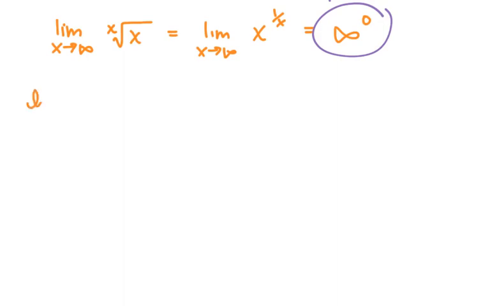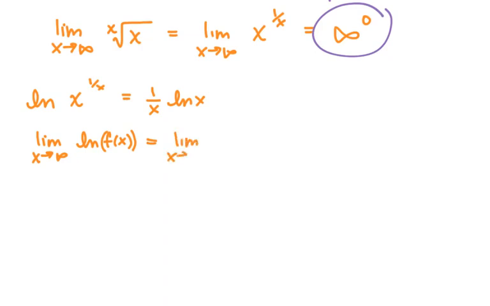So what we'll do is we'll take the natural log of x to the 1 over x. And by the power rule, that is 1 over x times the natural log of x. And so if we look at the limit of the natural log of our function, we're dealing with the limit as x goes to infinity of 1 over x times ln x.